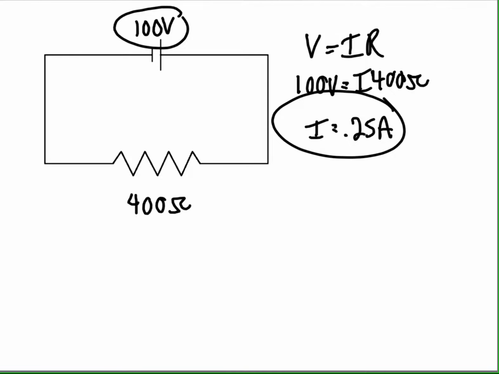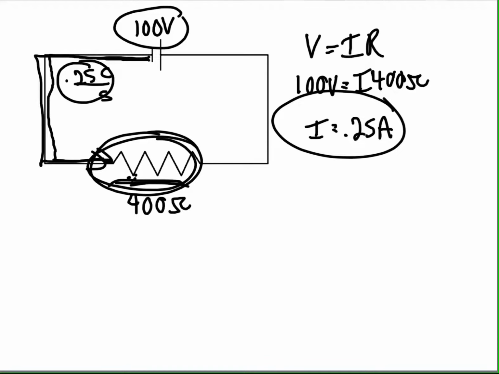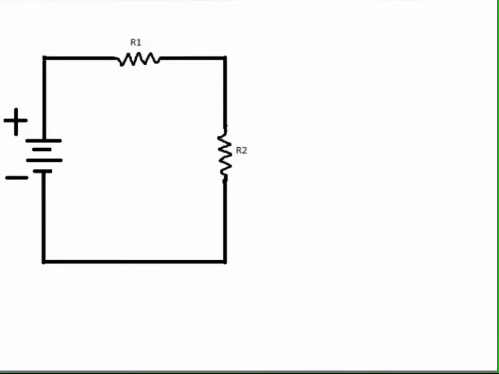Now, what does that mean? That means the current that flows out of here, the rate at which little charges are coming out of here, is, remember, 0.25 coulombs per second. So we have basically a quarter of a coulomb per second coming out of here. Now, the bigger the resistance is, the slower this is going to be able to go. Think of this as a one-way road with speed bumps. The more speed bumps you have, the slower traffic is going to be. With me? Okay.